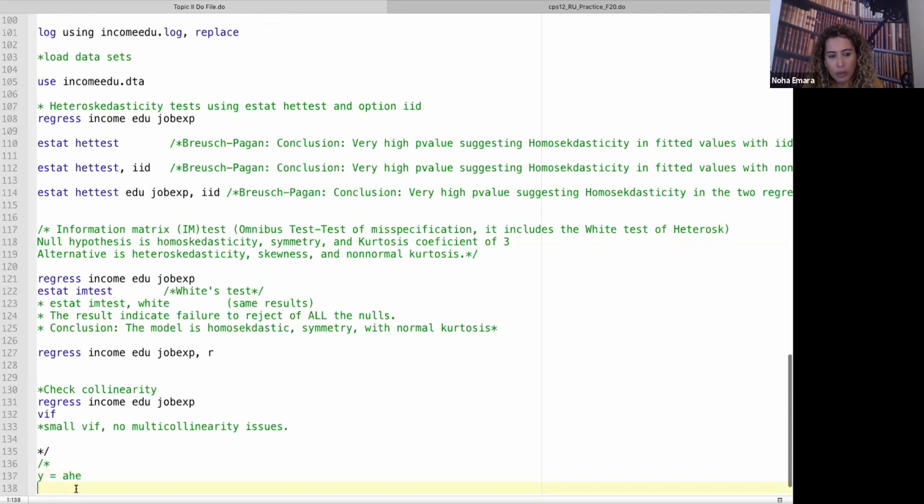So when you get your data set, your X's are age, bachelor, and female. So this is your model. You have to start by regressing average hourly earning on age, bachelor, and female, and then you perform the test.